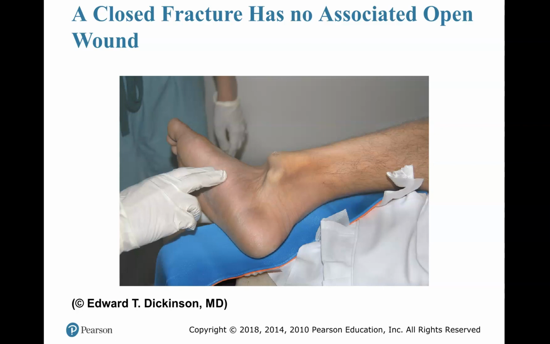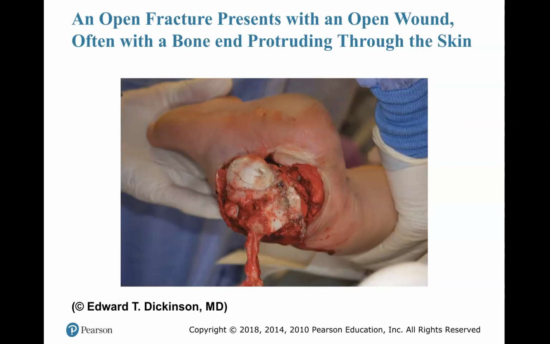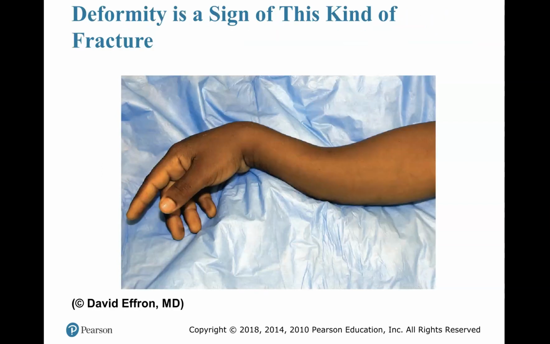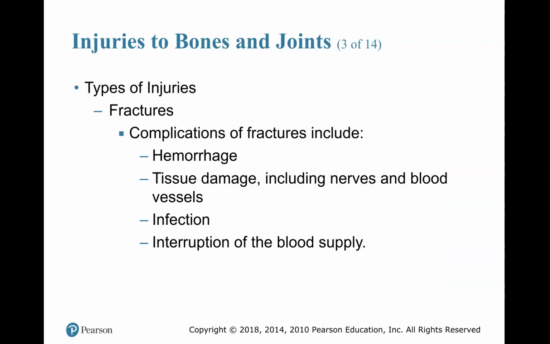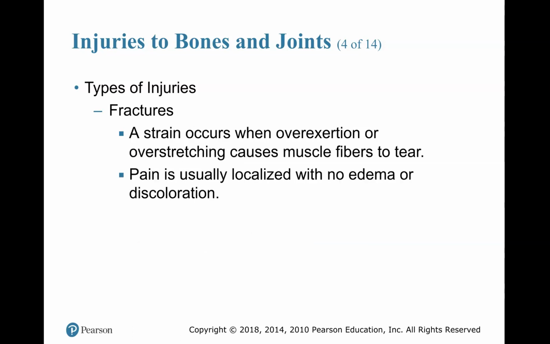Close to it, but not quite. There's an open fracture present with an open wound, often with a bone end protruding through the skin. Deformity is a sign of this kind of fracture. Complications of fractures include hemorrhage, tissue damage including nerves and blood vessels, infection, and interruption of the blood supply.